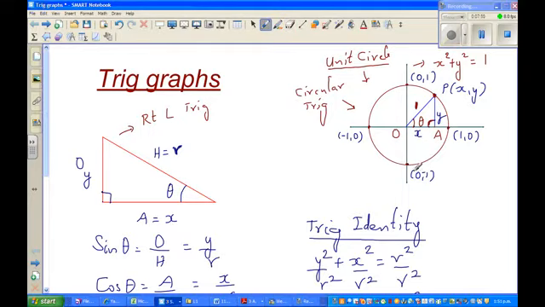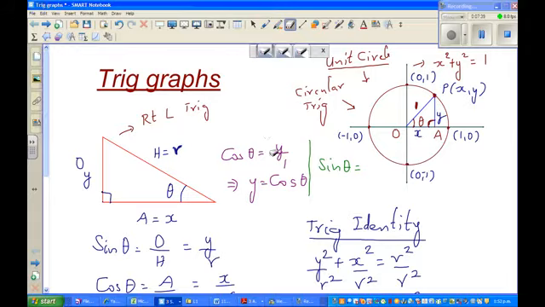Okay, so can I say cos theta is opposite over hypotenuse, that is y over 1, which implies y is nothing but cos theta? Okay, and can I say sin theta? Sin theta is what upon, oh, I made the mistake, sorry.